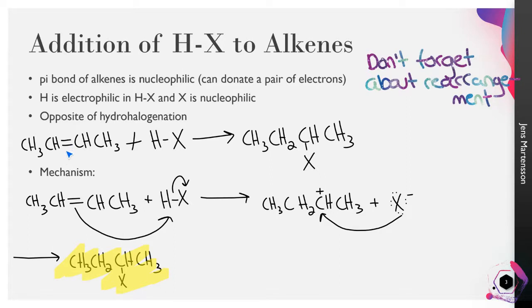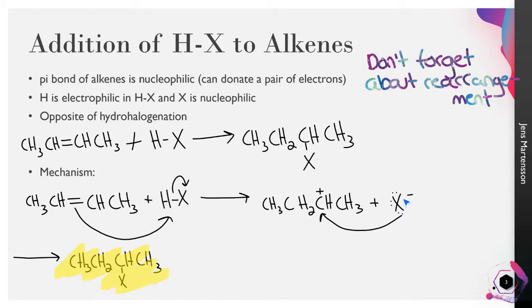So it can donate an electron pair from this pi bond, okay? And then this HX bond is polar, so hydrogen will be electrophilic, which means it'll be partially positively charged in this compound. And then when this X comes off as an anion, it will be nucleophilic.